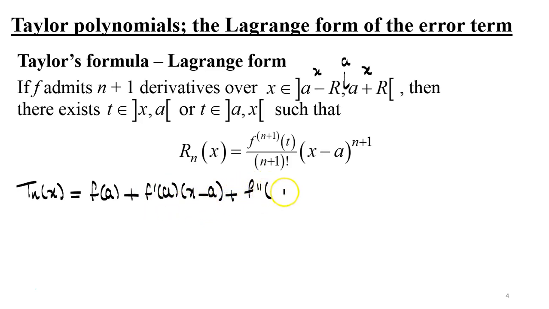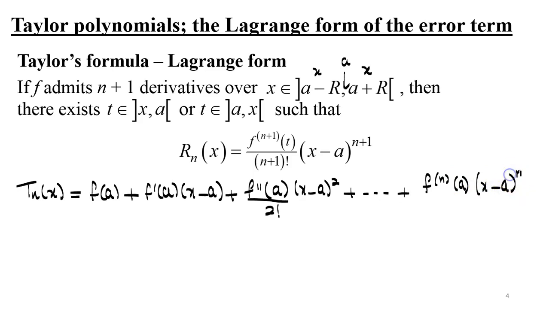The third term is the second derivative times x minus a all squared divided by 2 factorial, all the way to the nth term, which is the derivative of order n of a times x minus a to the n over n factorial.